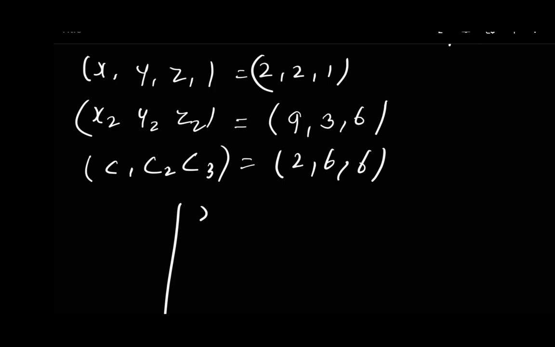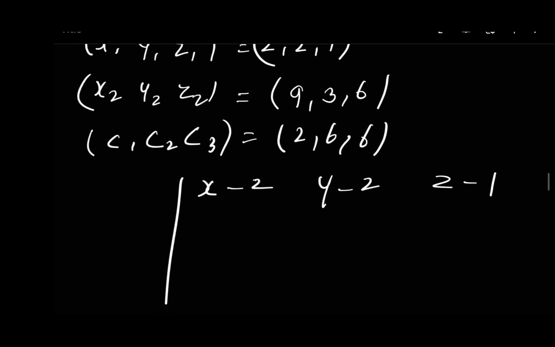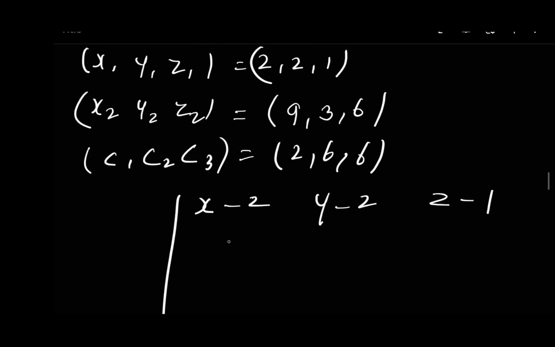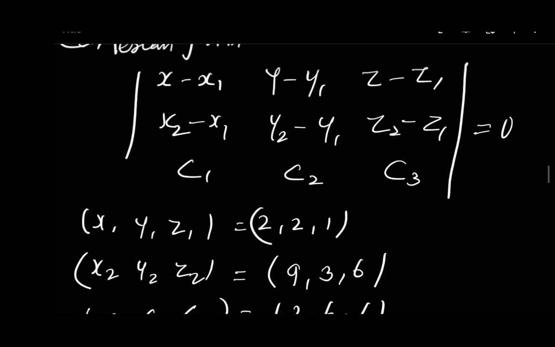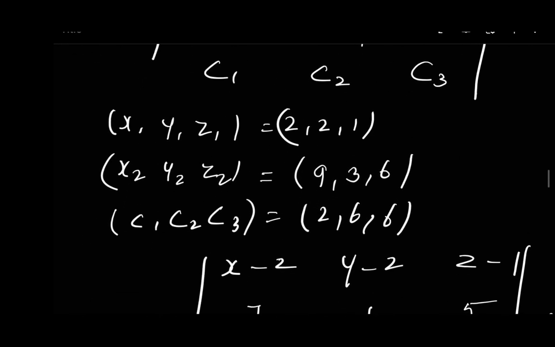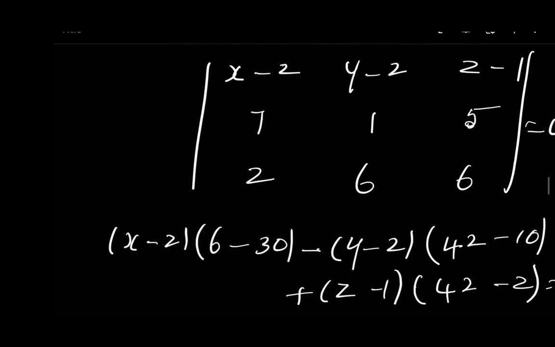So substitute here: x minus x1 is x minus 2, y minus y1 is y minus 2, z minus z1 is z minus 1. Next is x2 minus x1: 9 minus 2 is 7, 3 minus 2 is 1, 6 minus 1 is 5. Then 2, 6, 6 is equal to 0. See, this is the Cartesian form of the equation of a plane.